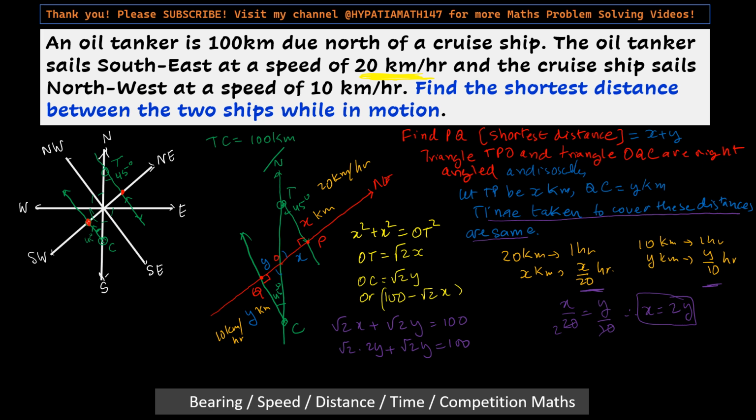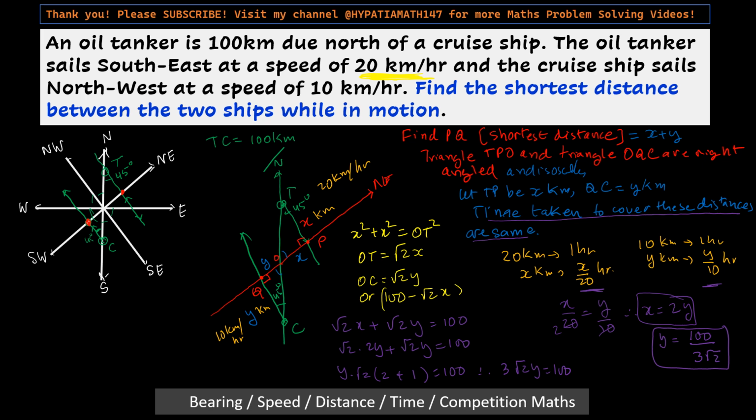So I get y times root 2 times 2 plus 1 is 100, and therefore what I'm getting is 3 root 2y is 100. So therefore y is 100 divided by 3 root 2. So I know what y is, and therefore what is x now?